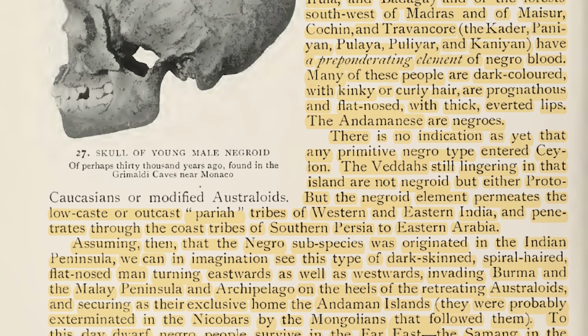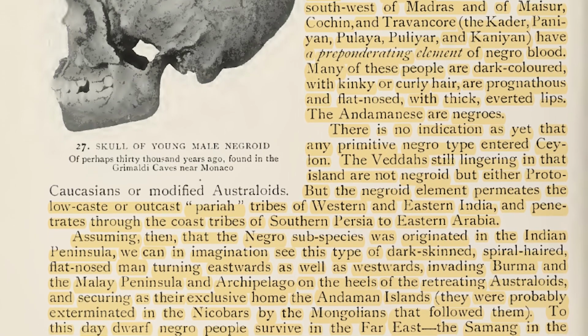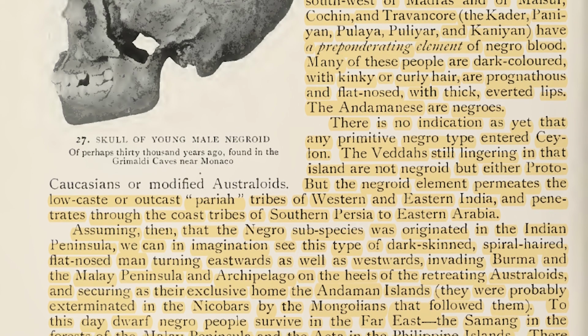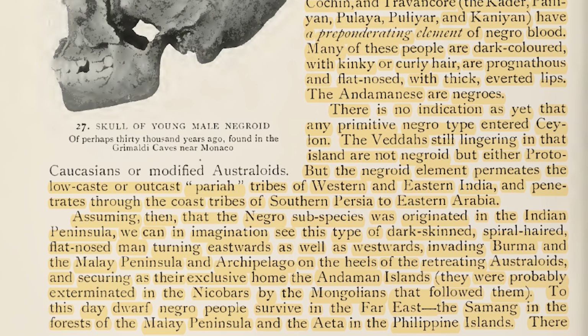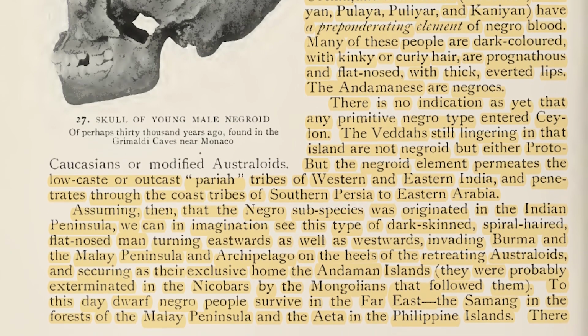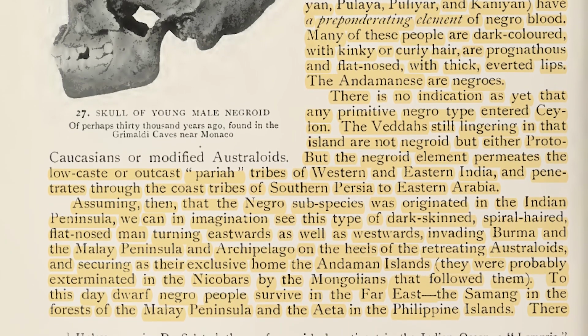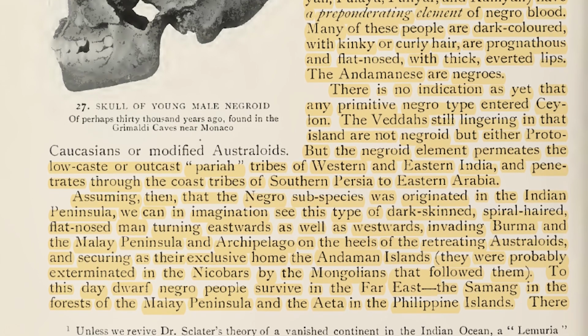Many of these people are dark colored with kinky or curly hair, are prognathous and flat-nosed with thick everted lips. The Andamanese are Negroes.